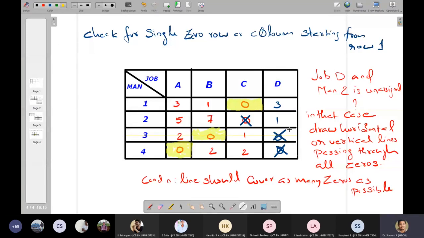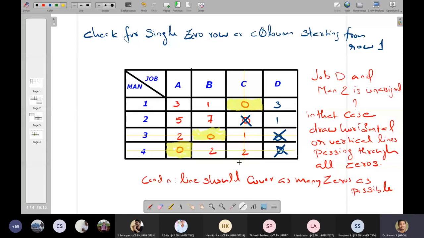Again, in row number 4 also, if I draw a horizontal line, it covers 2 zeros. When I draw a vertical line through column C, it covers all the zeros. It covers both the zeros.